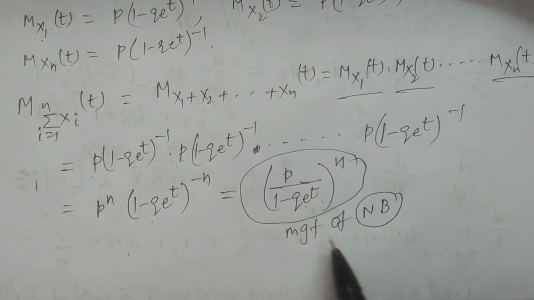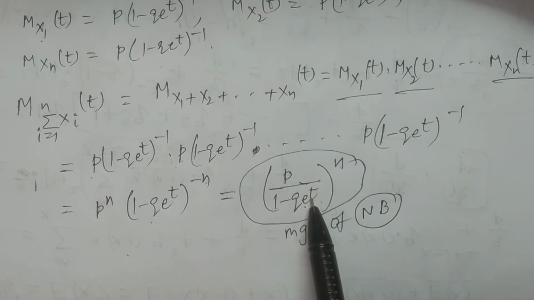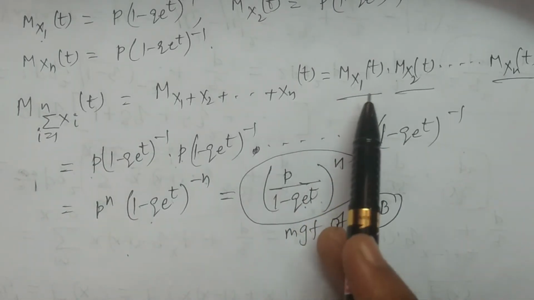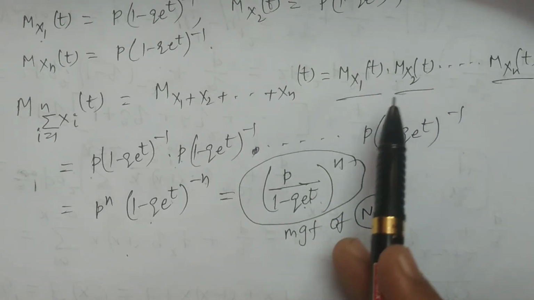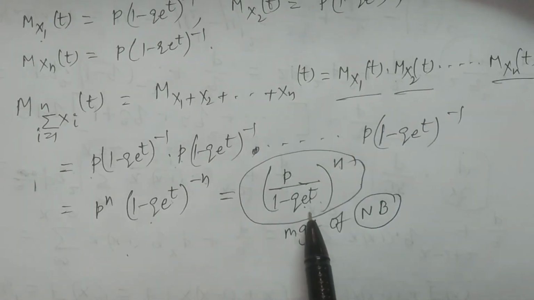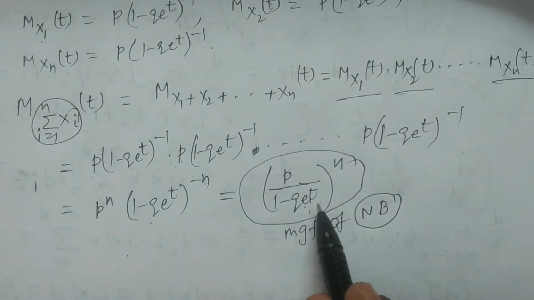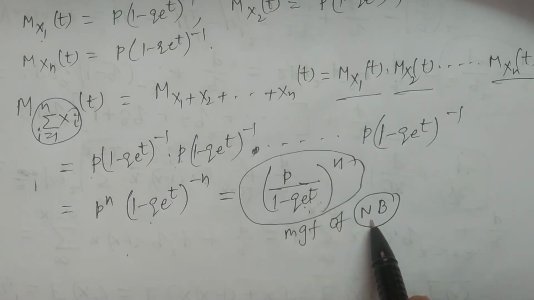So if this is the negative binomial distribution's MGF, then by the uniqueness theorem of moment generating functions, if two moment generating functions are equal, then their distributions are equal. By the additive property of moment generating functions, we have calculated that the moment generating function of the summation of Xi is equivalent to the moment generating function of the negative binomial distribution.